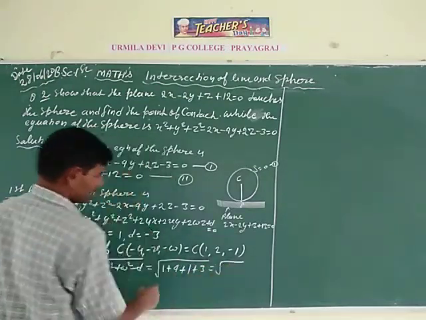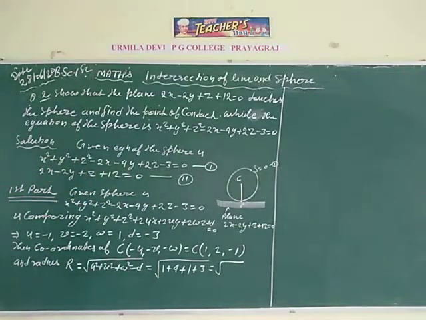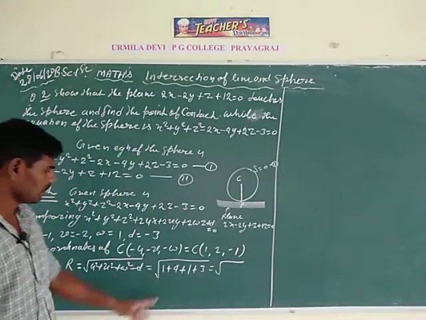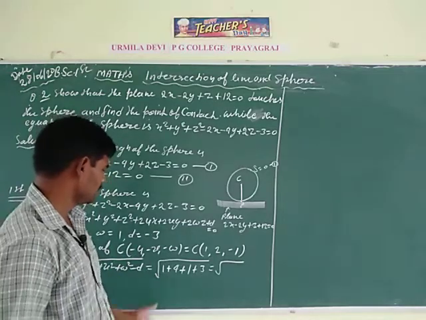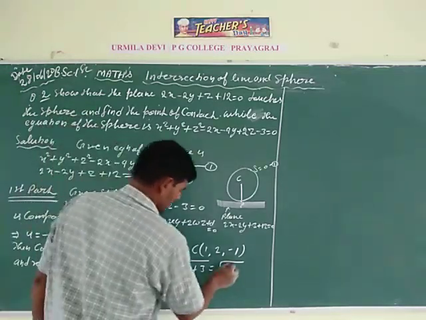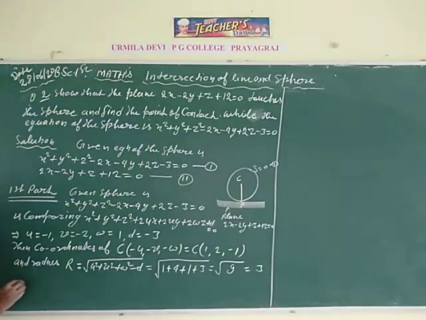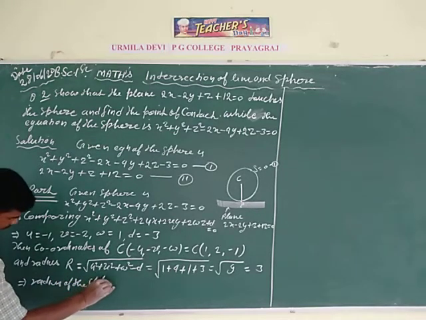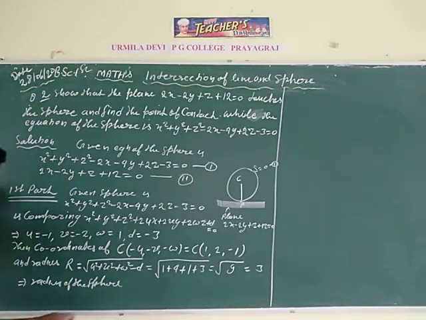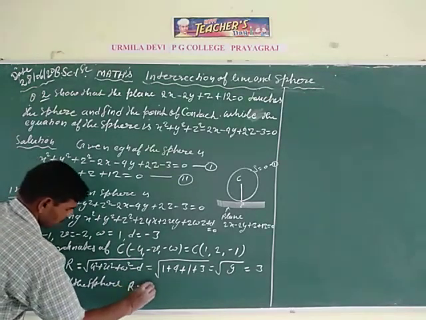Simplifying, this is equal to 4 and 3 is 7, and 2 is 9, under root, is equal to 3. It is implied that the radius of the sphere, capital R, is equal to 3.